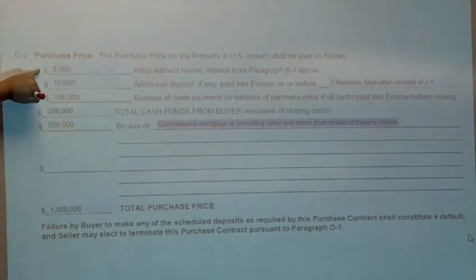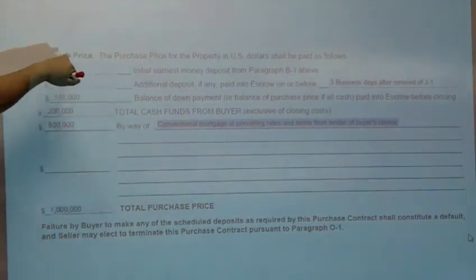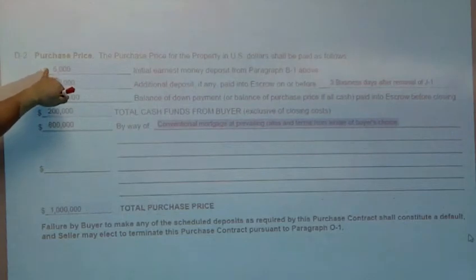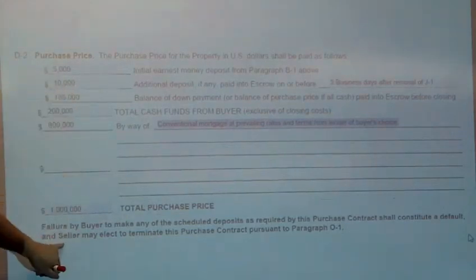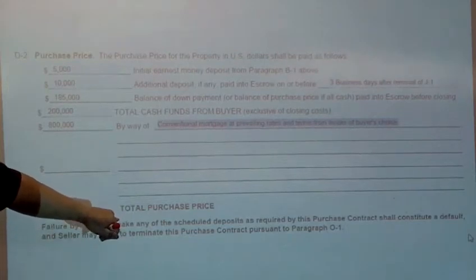When does it say the initial earnest money deposit needs to be in escrow? By the next business day. If they don't put the earnest money into escrow by the next business day, what does that mean? They're in default. And the seller can elect to terminate.